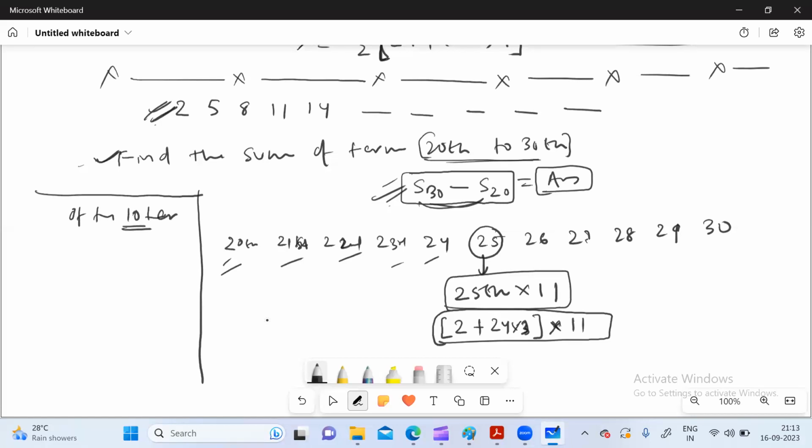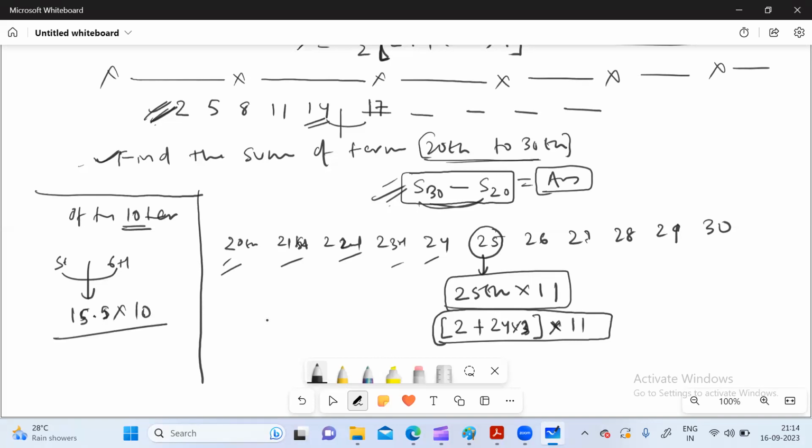But of course, if there is no middle term, then I know that the middle of the fifth term and sixth term will be my average. So if I'm seeing this series, I know the fifth term is 14 and the sixth term is 17. Then the middle value of this will be 15.5. So I got the average of the first 10 terms, and then I'll simply multiply it by 10.